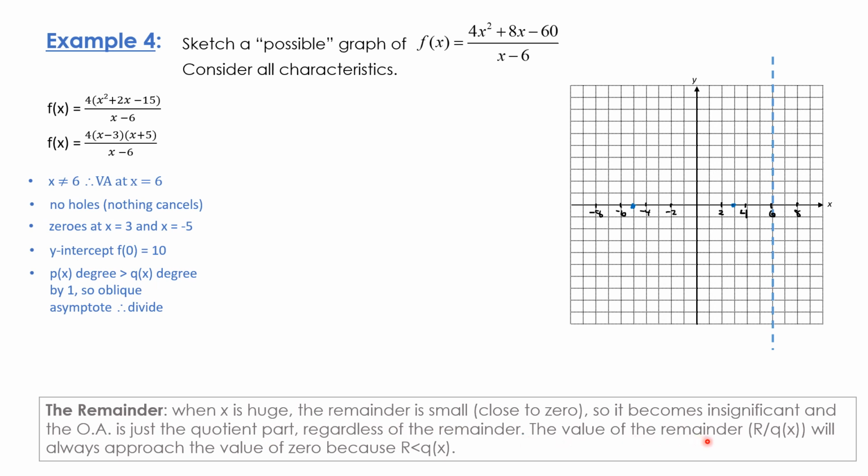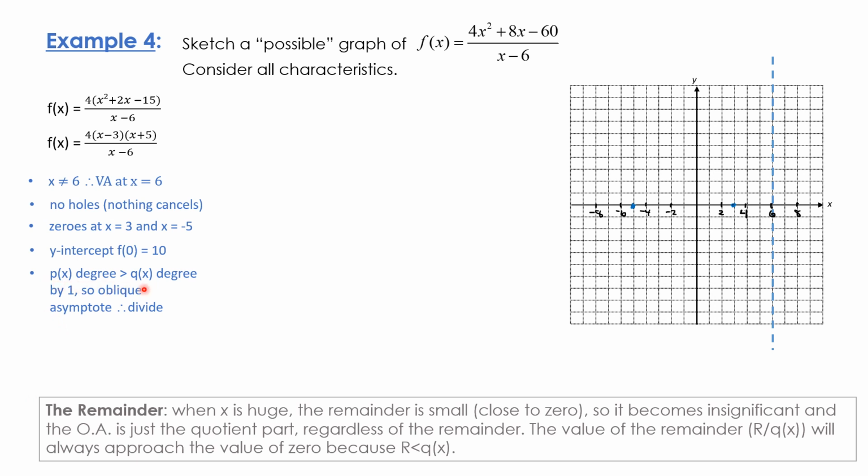The remainder divided by our original function will always approach the value of 0. So don't worry if your remainder is 72 or 3, because we're talking about end behavior. When x is huge, that becomes insignificant.